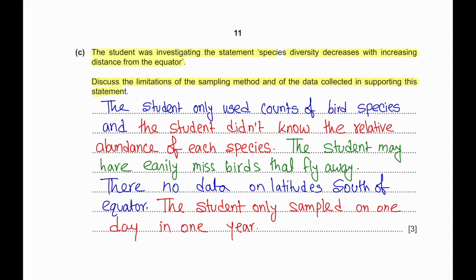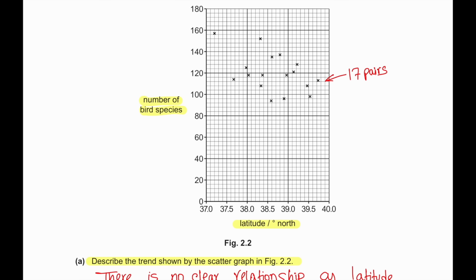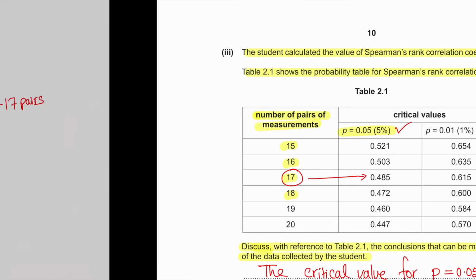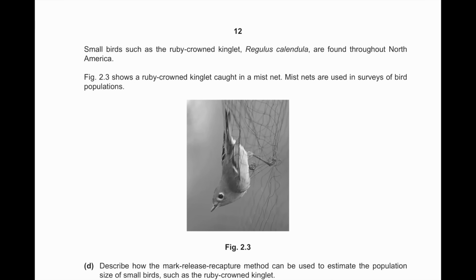The student may have easily missed birds, those that flew away. There is no data on the latitude south of the equator, as we can see from the information. The student only sampled on one day in one year, which is a problem with the timing in terms of sampling the data.